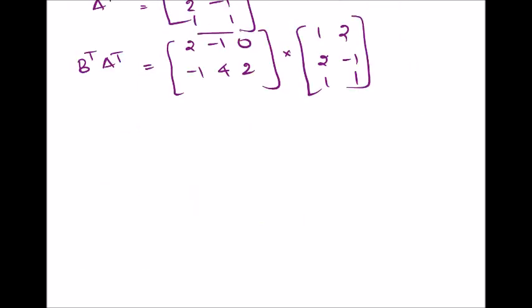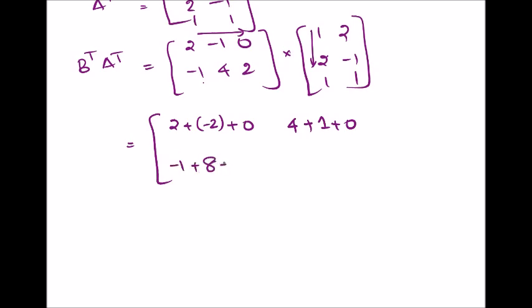Again multiplying, we get 2 into 1, that's equal to 2, plus minus 1 into 2, that is minus 2, plus 0 into 1, that's equal to 0. Then 2 into 2, that's equal to 4, plus minus 1 into minus 1, that's equal to plus 1, plus 0 into 1, that's equal to 0. And minus 1 into 1, that's equal to minus 1, plus 4 into 2, that's equal to 8, plus 2 into 1, that's equal to 2.